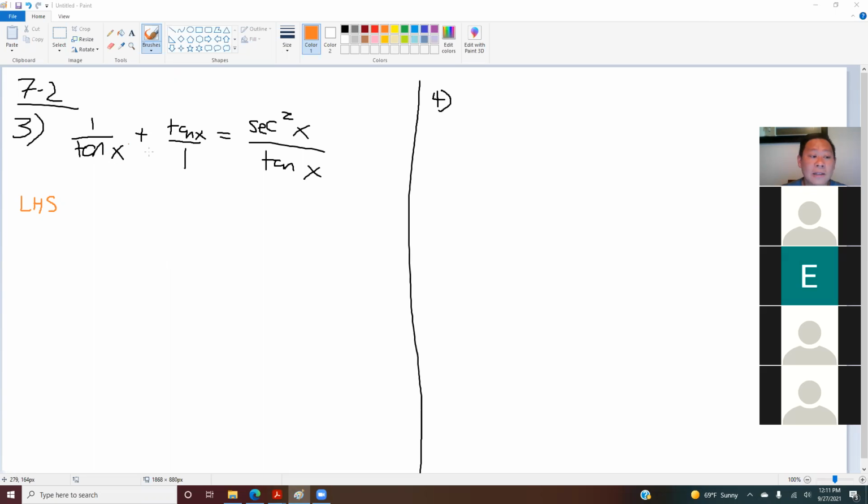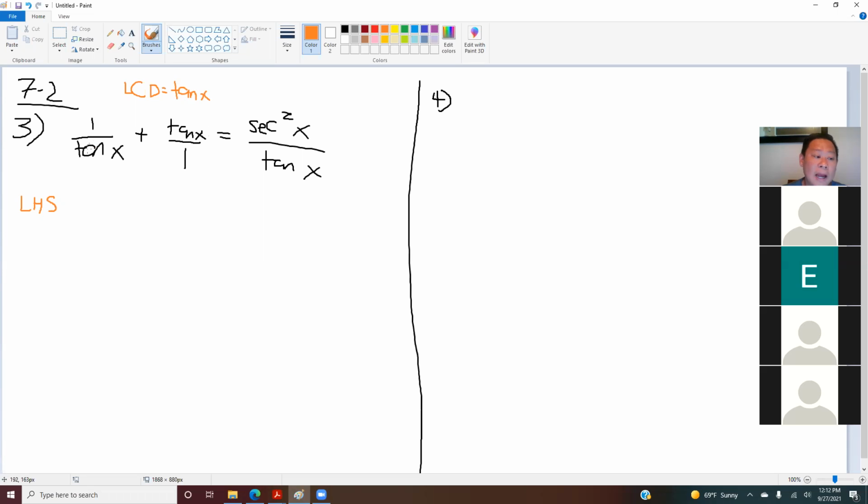When you add and subtract fractions, what do you need to find? Lowest common denominator? Yes, you find your LCD. Can someone tell me what the LCD is here? Could it be 1? No. Would it be tangent x? Yes, that is the LCD here.